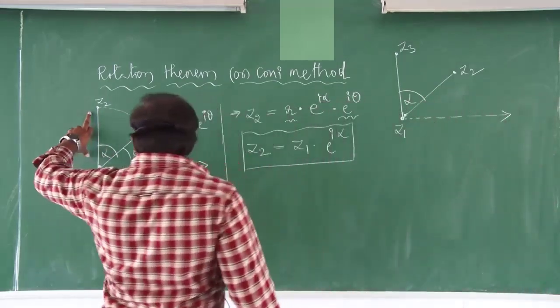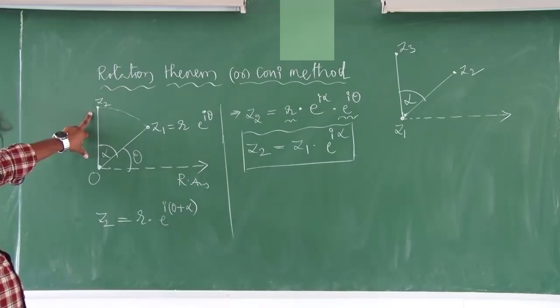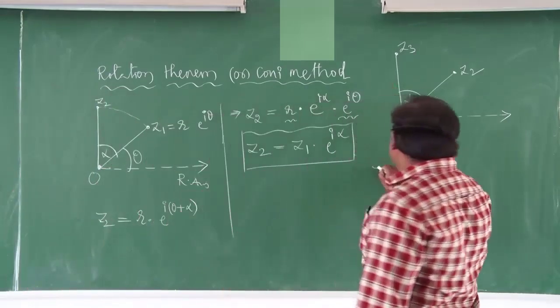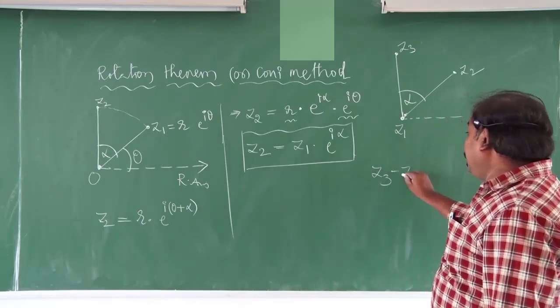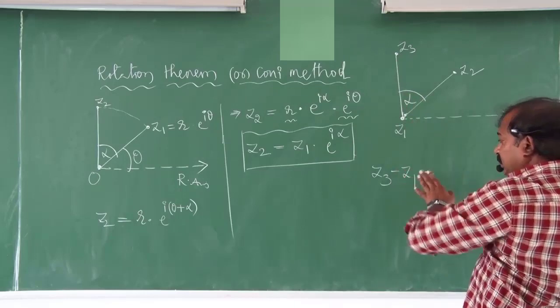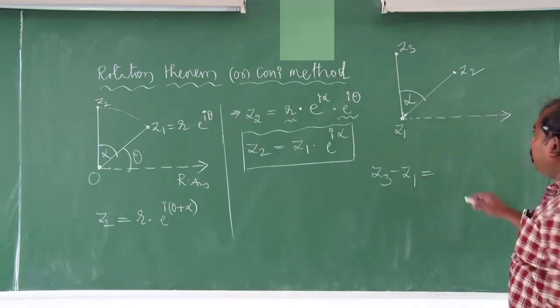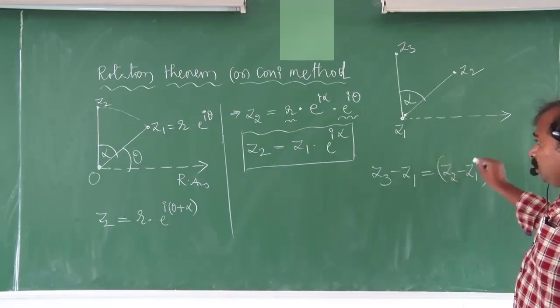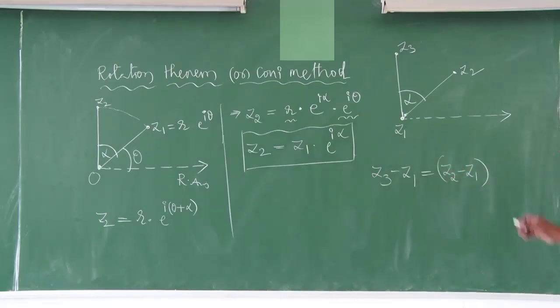Instead of Z2 minus 0, what is the value? Here it is Z3 minus Z1. Z3 minus Z1 equals Z2 minus Z1 into what value? e power i alpha is the relation.